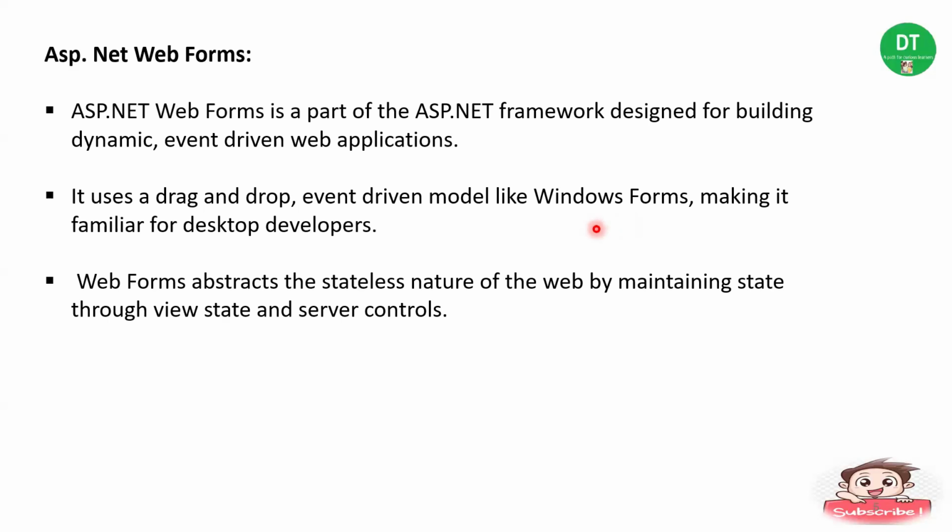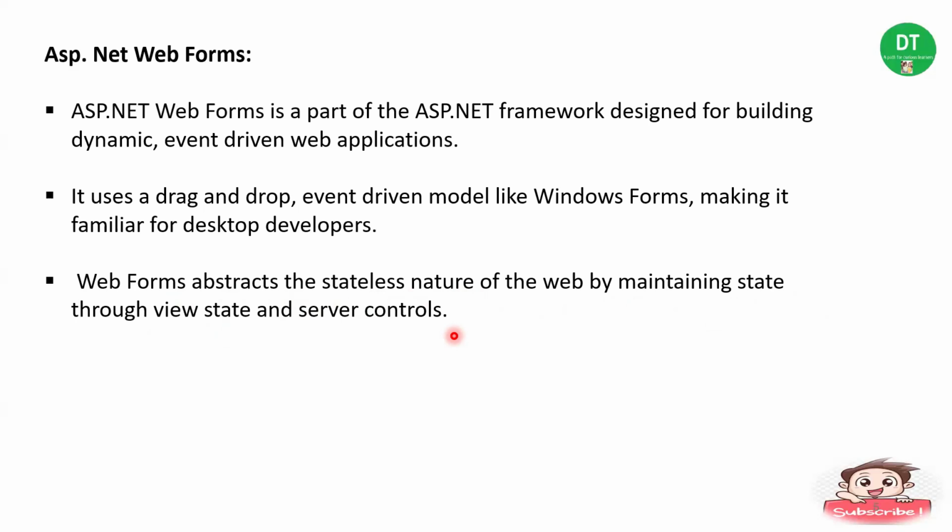Similarly, related to Windows Forms, we have ASP.NET Web Forms. Web Forms abstract the stateless nature of the web by maintaining state through view state and server controls. State means the data which we add in particular controls, like in the text box. If we want to persist this data, the state of the controls changes, meaning it has some data or some update has been done. After a round trip, when we post the data to the server by clicking the button, it sends the data to the server.